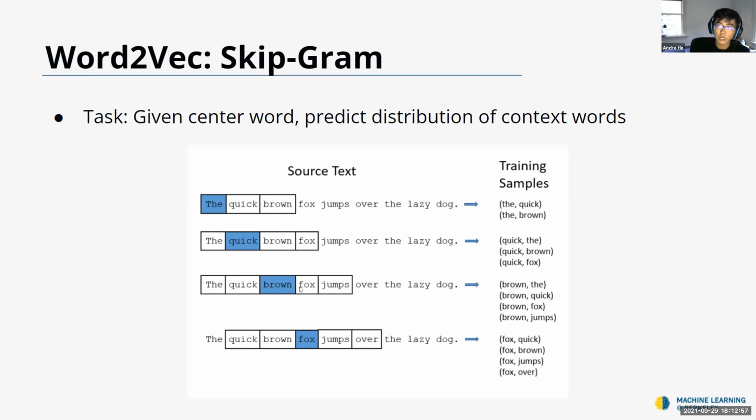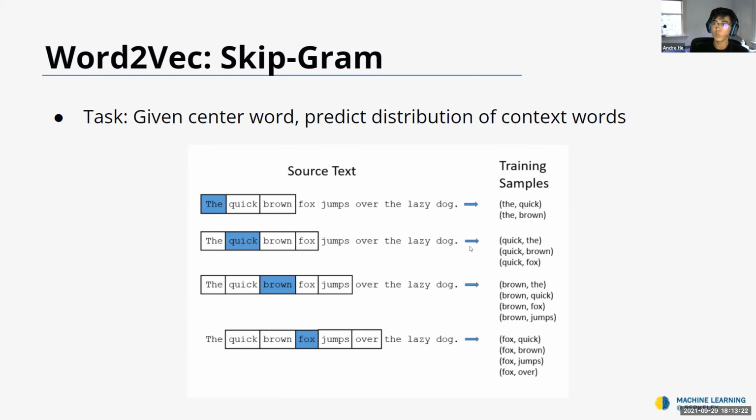Like you can look at brown, and there are a lot of possibilities of words that show up before and after brown. But there is a difference in how likely they are to appear. So some words are definitely more likely to appear before and after brown than other words. And even though your model doesn't predict what exactly shows up, you are asking it to model the distribution of words that show up around it.